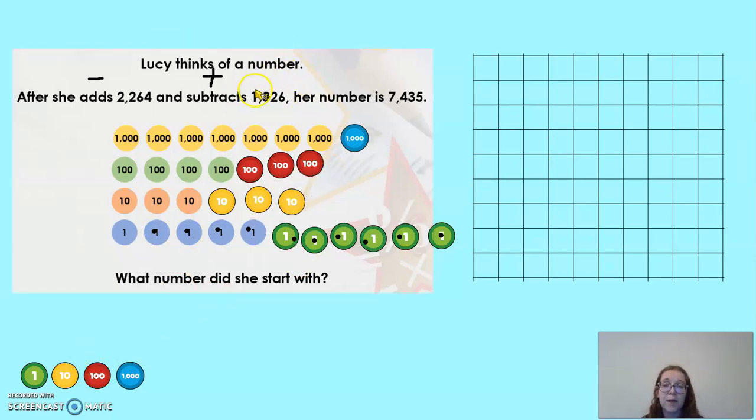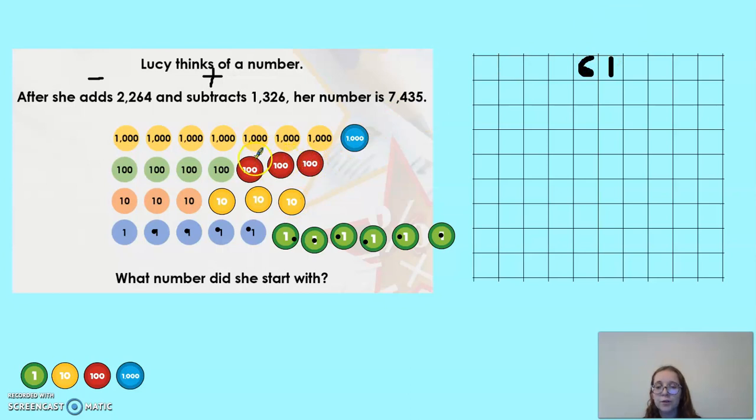So once I have done my adding 1,326, I'm going to be left with this number. So let's have a count of this number. There is 1 in our ones column, and there are 6 in our tens column, so that's going to be 60.